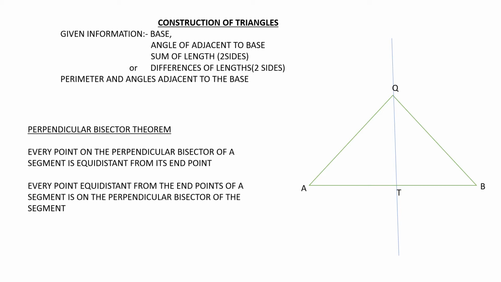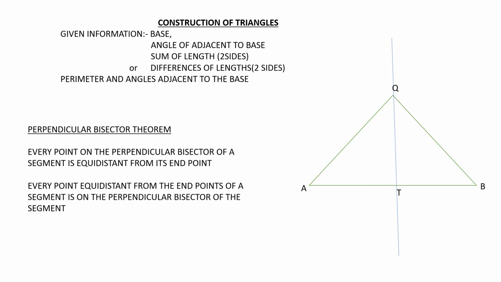After that, instead of the sum of lengths, if the difference in two lengths of the triangle is given, how will you draw the triangle with the given information? There are some theorems, some theoretical instruction, that we'll see one by one, and after that we'll see how to construct these.